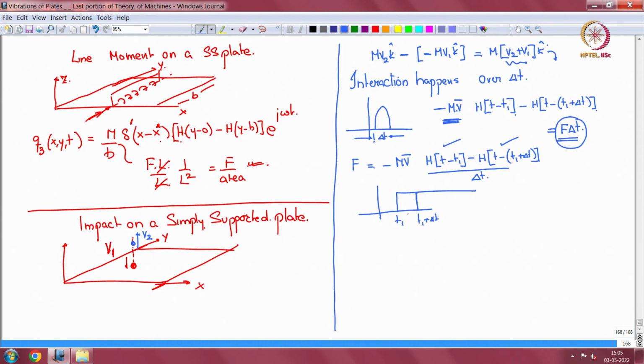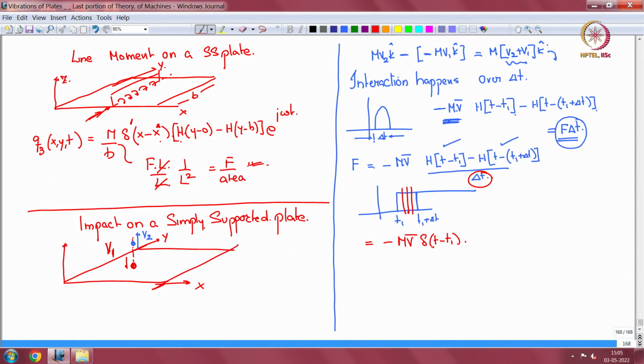Now as delta t starts to become smaller and smaller, this line comes closer and closer to T1, but I have a delta t in the denominator also, so this becomes minus mv bar delta(t minus T1). It becomes an impulse. Okay. So what is my descriptor now?